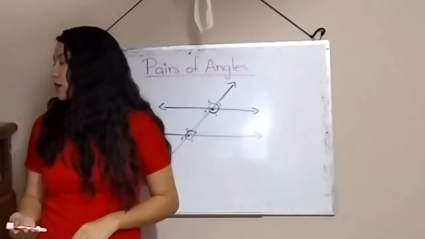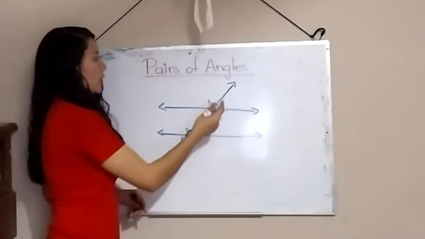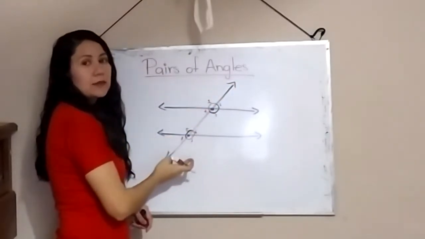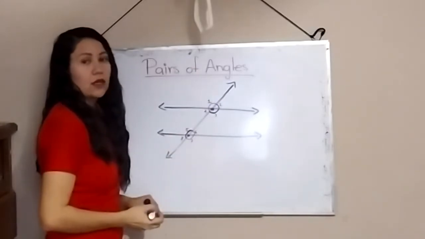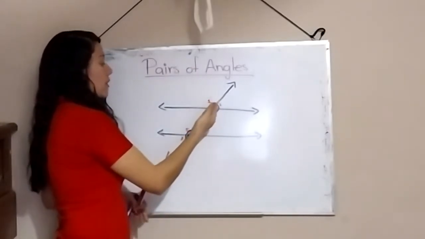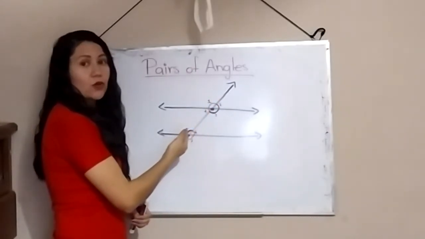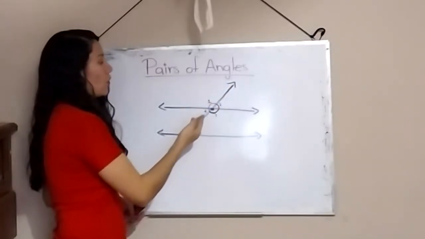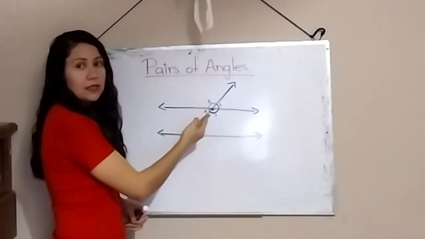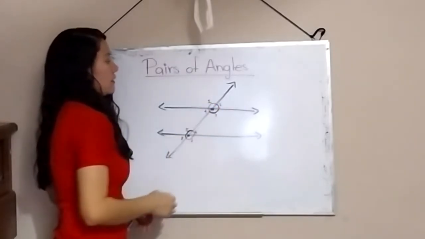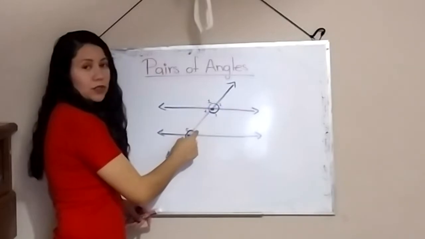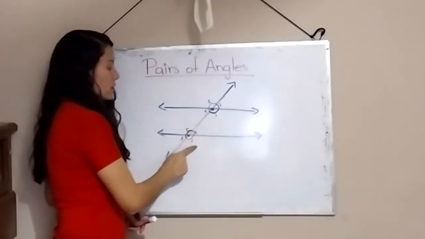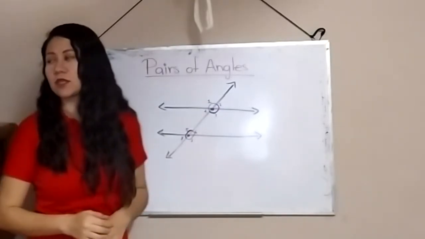Corresponding angles are one outside, one inside, but on the same side of the transversal. Okay? Number 1 and number 5 are corresponding angles. They are in the same spot, but on the other parallel line. Number 2 is corresponding with number 6, 4 corresponds with 8, and 3 is corresponding with number 7.